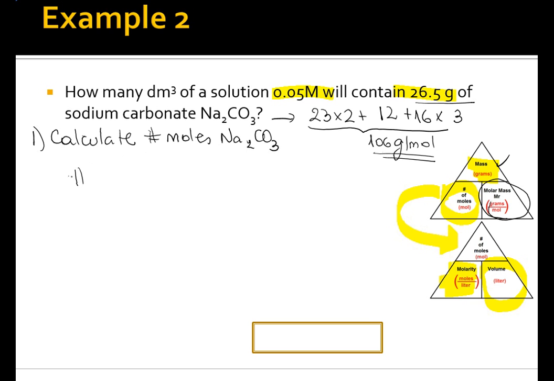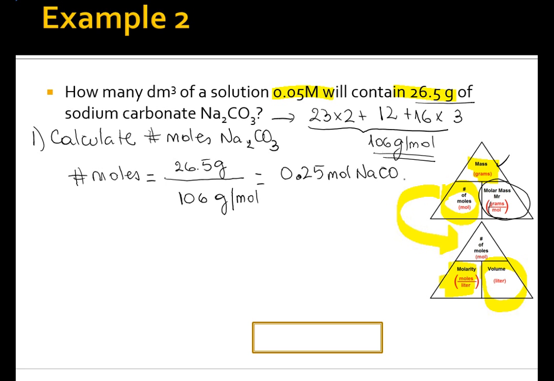So again, the number of moles is equal to 26.5 grams divided by the molar mass, 106 grams per mole. This is going to give me 0.25 moles of sodium carbonate.